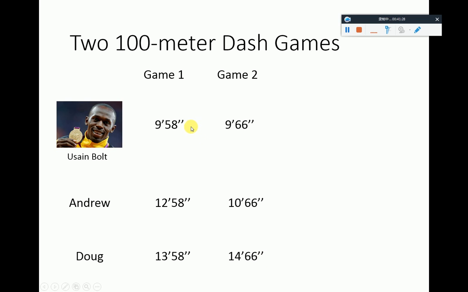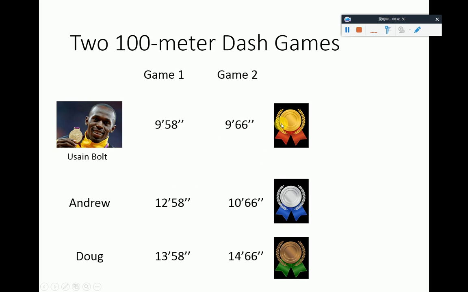Regardless of these minor differences between the two performances for each person, 9 second 55 to 9 second 66, 12 second 59 to 10 second 66, 13 seconds 58 to 14 seconds 66, we still will have Mr. Bolt as the gold medal winner, Andrew the silver medal winner, and Doug the bronze medal winner.